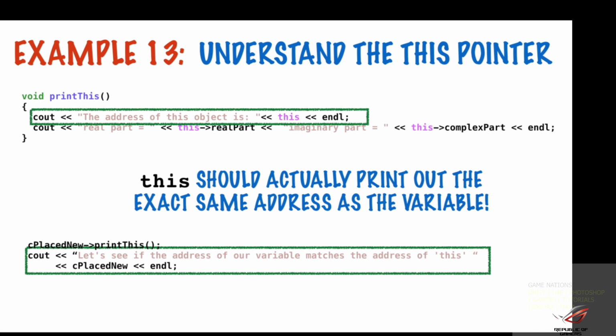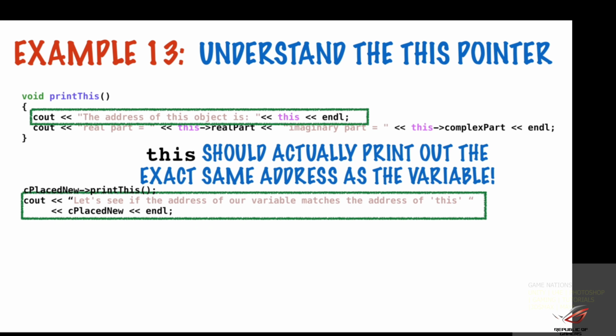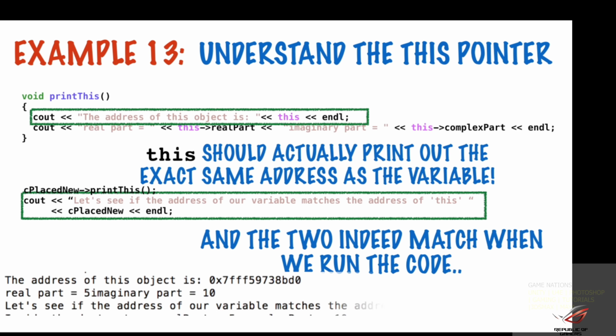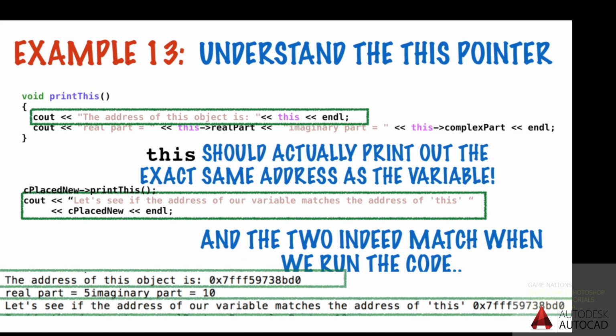If you go ahead and run this code, you'll find that what we just mentioned was true. The address printed out within the complex number class, by printing out this, and the address printed out when we print out cPlacedNew is exactly the same. Take a look at the output and you'll see that this is true.